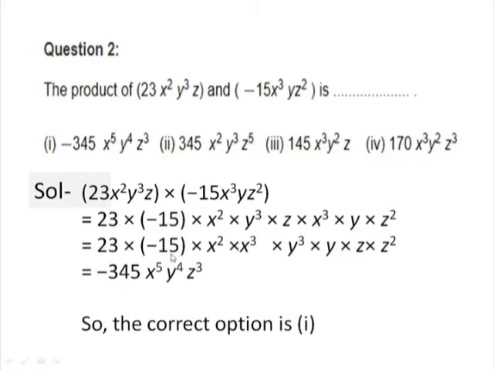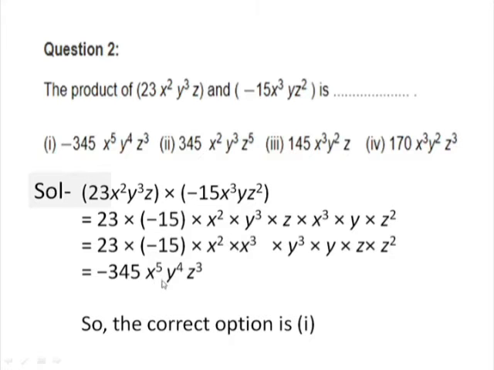23 multiplied by negative 15 is negative 345, whereas x square into x cube is x raised to 5, y cube into y is y raised to 4, z into z square is z cube. Now what are we doing here? If you remember the laws of indices, here the base is same, we will add the index.